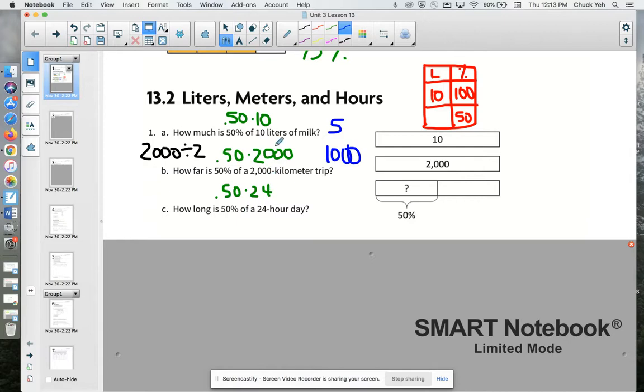And then here you can still divide. So 24 divided by 2, and that is what? 12? Okay. That's 12.